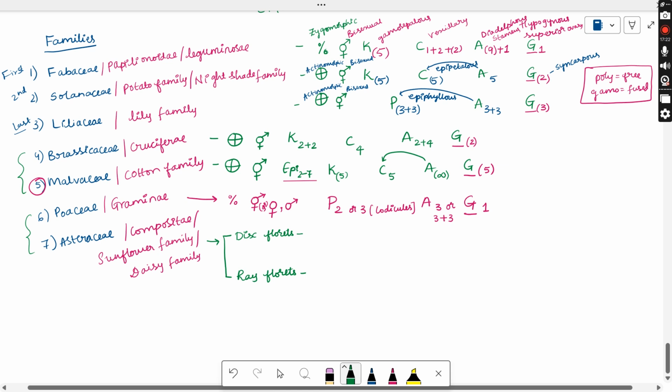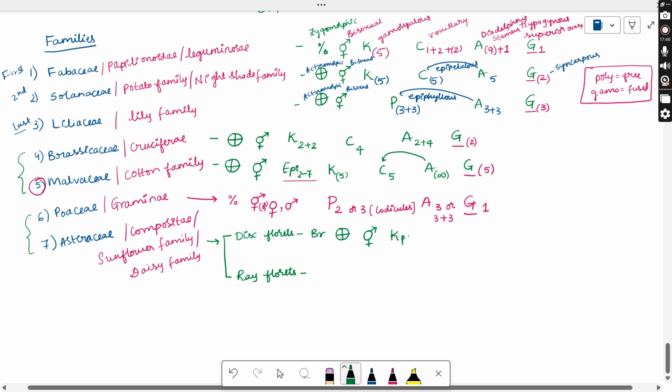So coming to the disc florets, these contain bracts. So those are bracteate, and they will be showing the actinomorphic type of symmetry or the radial symmetry. And it is bisexual, meaning both the stamens and pistil are present, so pistillate and staminate. And it will be containing the calyx.